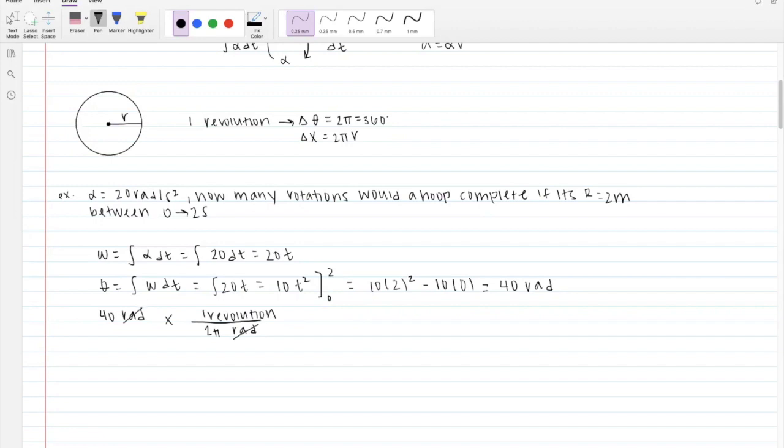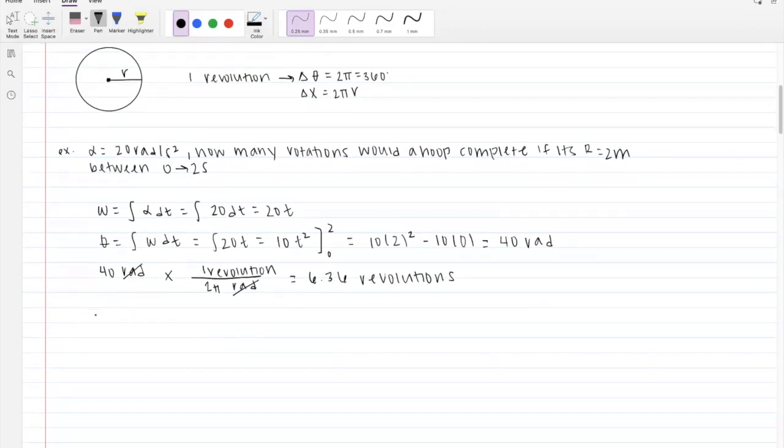So these units cancel out, and you divide 40 by 2 pi, you'll get 6.36 revolutions. Now, if they did ask how many complete revolutions occurred, you would say 6 revolutions, because it did not complete the 7th one entirely.